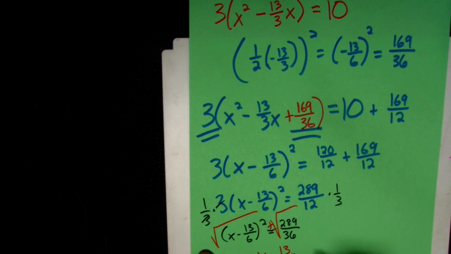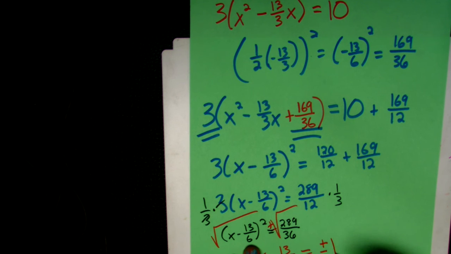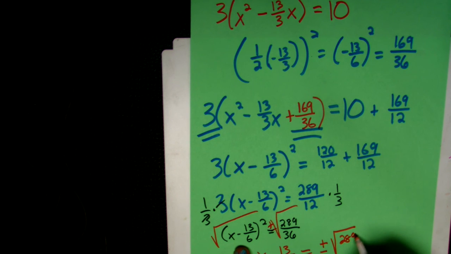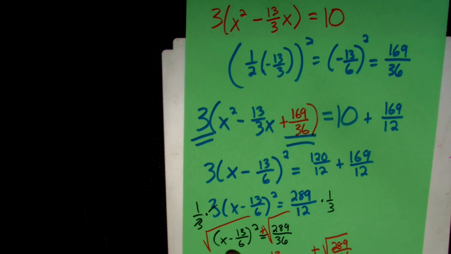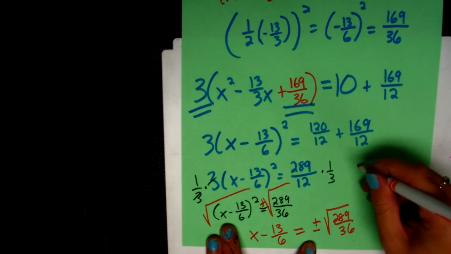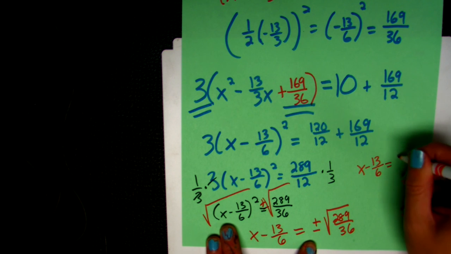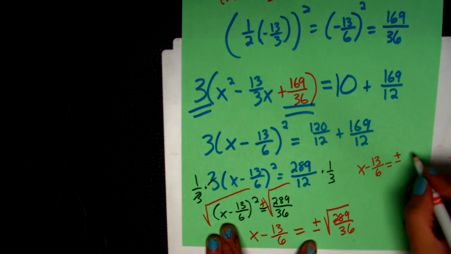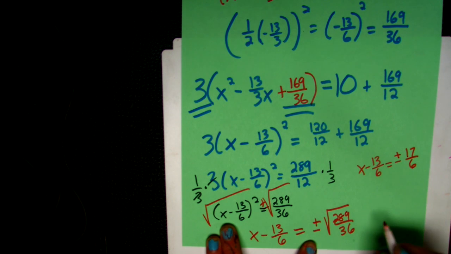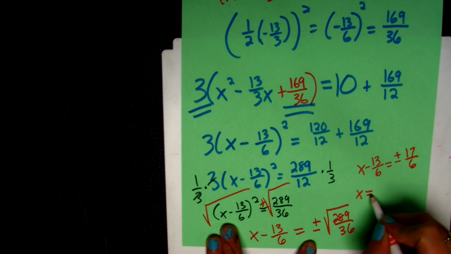So we get x minus 13 over 6 is equal to plus or minus the square root of 289 over 36. And it just so happens that the square root of 289 over 36 is an actual number. It's going to be 17 over 6.